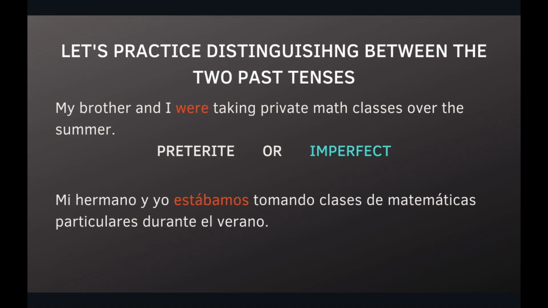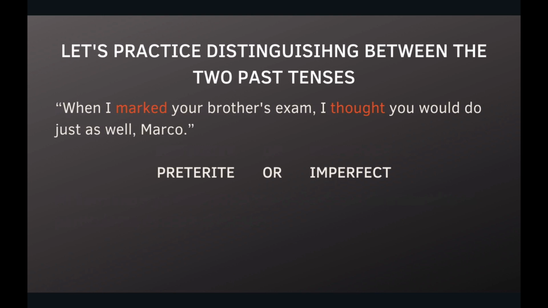Well, this is going to be the imperfect because we're describing something that was happening over a period of time. It's over the whole summer that we were taking private math classes. Mi hermano y yo estábamos tomando clases de matemáticas particulares durante el verano. If you saw my video about the imperfect tense, then you'll recognize that ábamos ending for the imperfect.